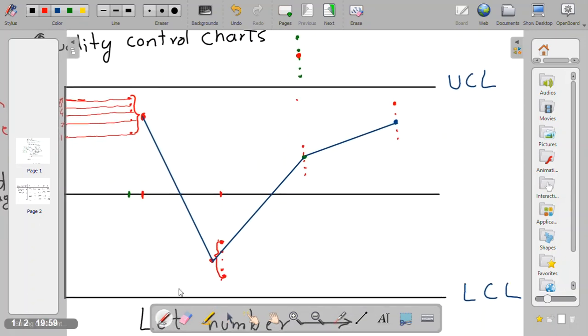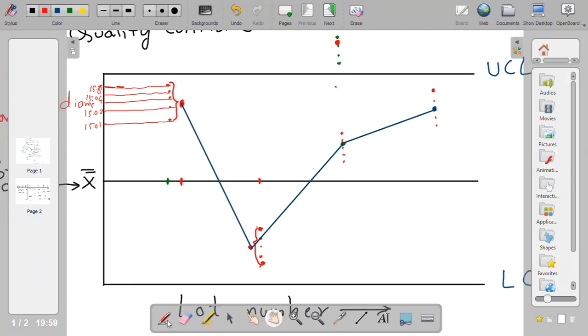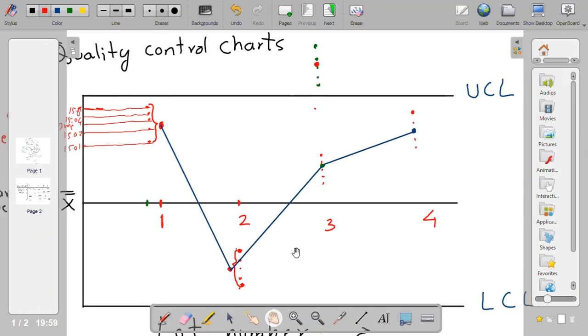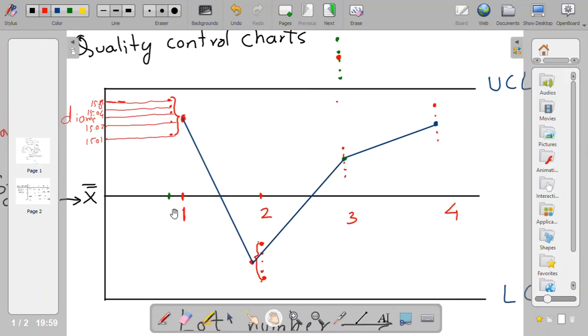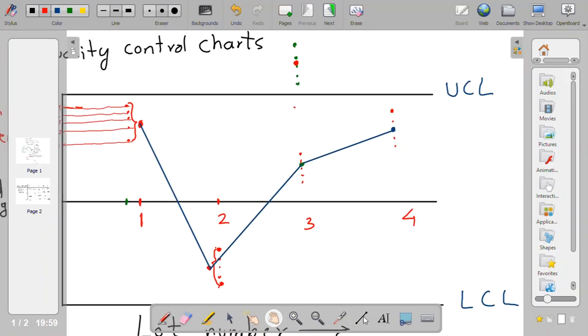Now what will happen if I join this point? I'll just rename this so that you will not get confused. This is lot number 1, 2, 3, 4, and this is the x double bar value, the mean value. So in this case, if I join this point, instead of this I am getting here.